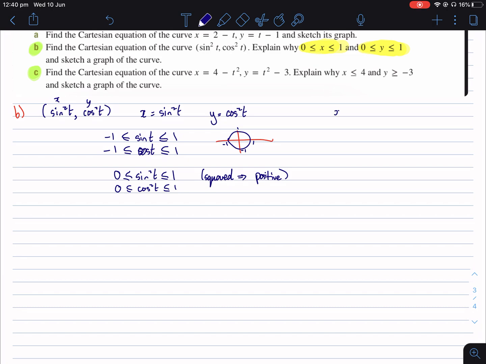If I do x plus y, then that's sine squared t plus cos squared t. The reason I did that was because with sine and cos, you're usually aiming for sine squared theta plus cos squared theta equals 1. Doesn't matter that it's t's, not thetas. So this will equal 1. x plus y equals 1, which means y equals 1 minus x.